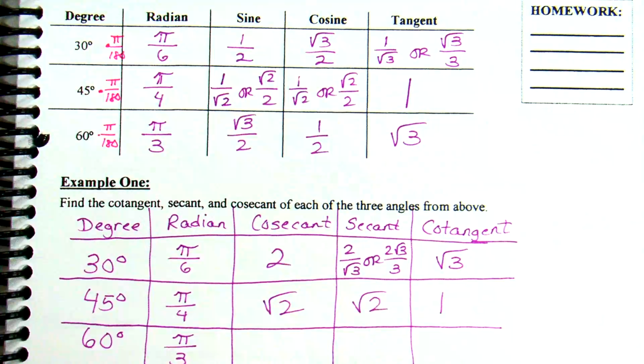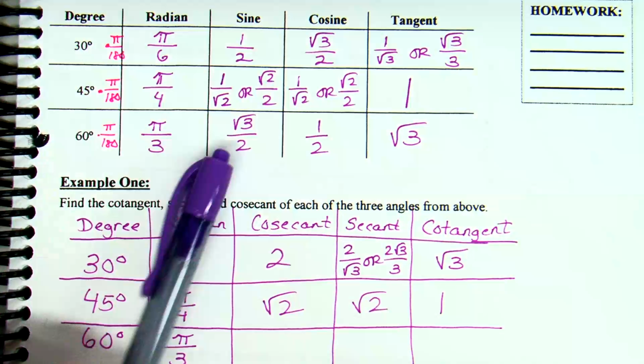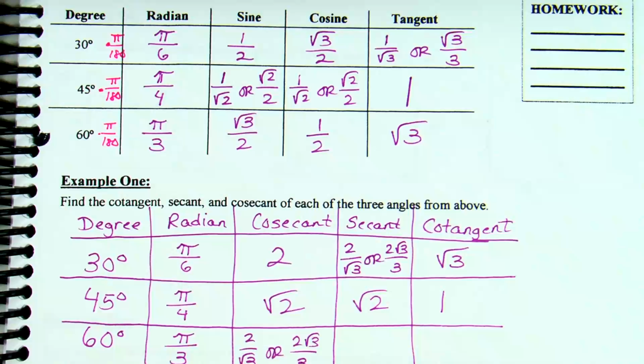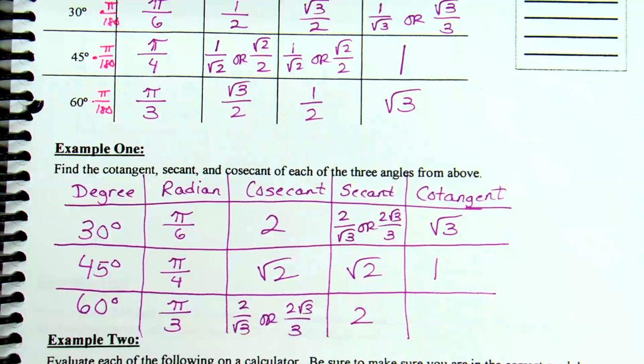Okay, 60 degree row. What's the reciprocal of sine of 60? Okay. 2 over square root of 3 or 2 square root of 3 over 3. What about secant of 60? Reciprocal of 1/2 is 2. And cotangent of 60.